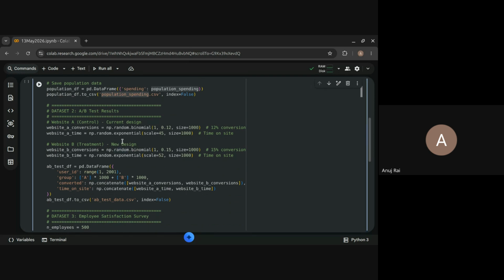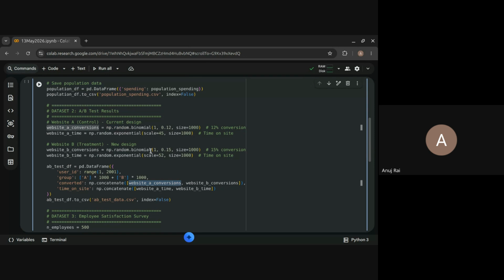Similarly, here we are creating two categories of website data set, where AB testing is for testing which is more effective. So what we do is, to one sample we provide design A, and to the second sample we provide the second website, and we see the conversion, how much time the user is staying, or the link the user is clicking.